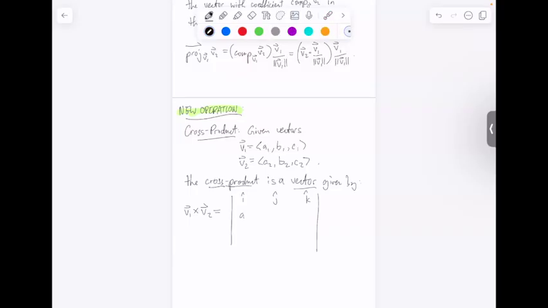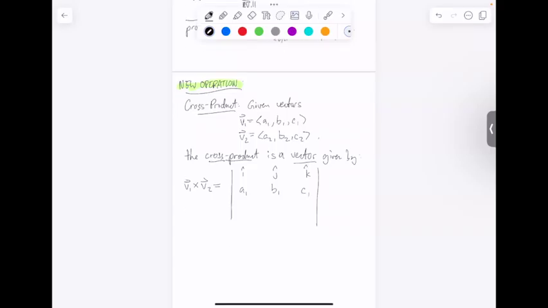I'm going to put a1, b1, c1 underneath. So that's the components of v1 here in the second row. And then a2, b2, c2 here in the third row. All right. And now, what does this mean?